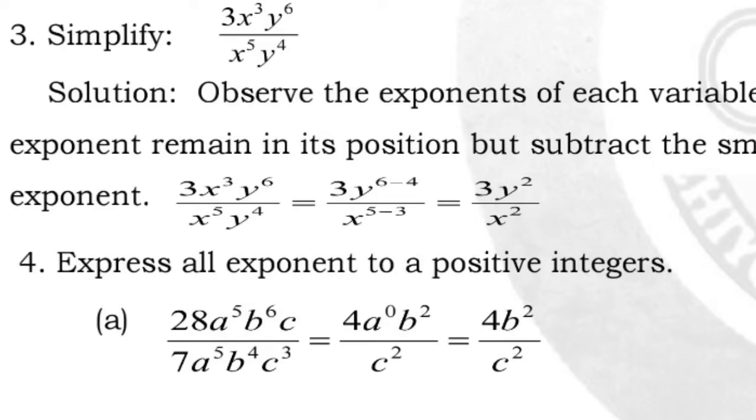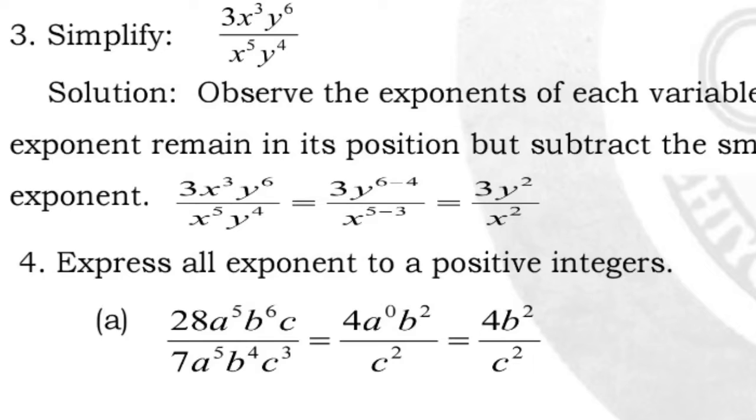is equal to, so in here for variable y, the exponent of the numerator is greater than the denominator. So we're going to have 3 times y raised to the power of 6 minus 4, the exponent of the denominator. And since for x here, the exponent of the numerator is lesser than the denominator, automatically put it in the denominator.